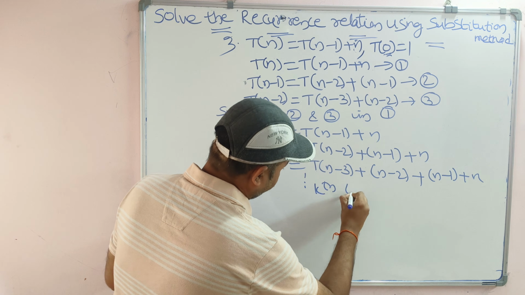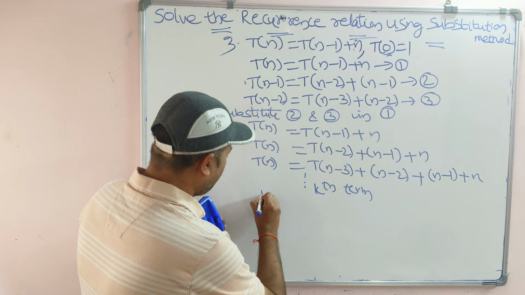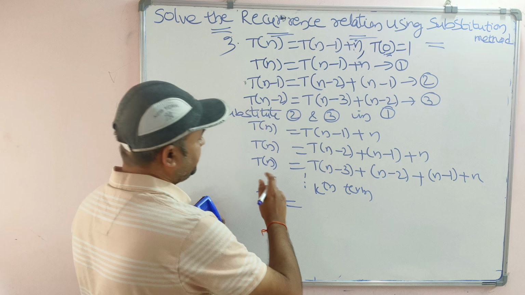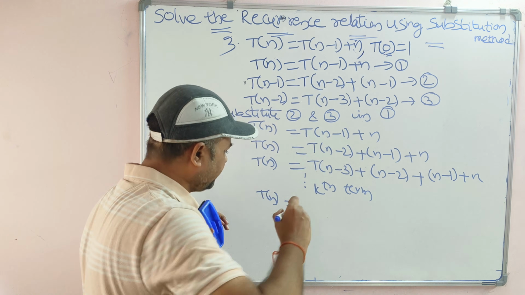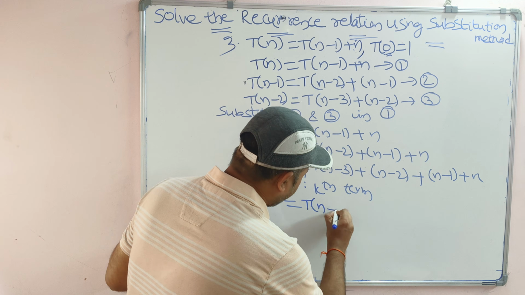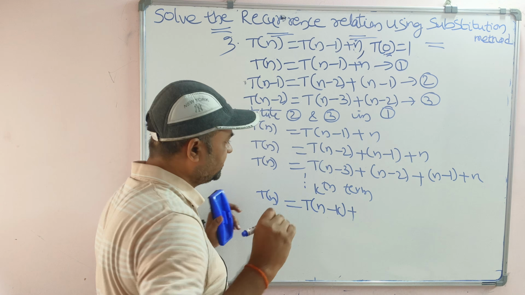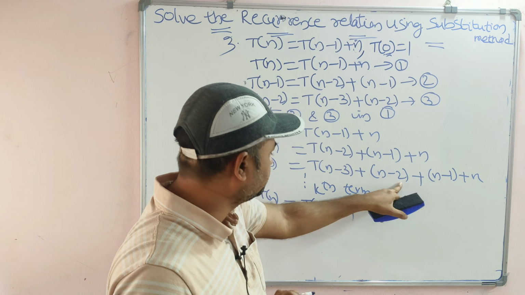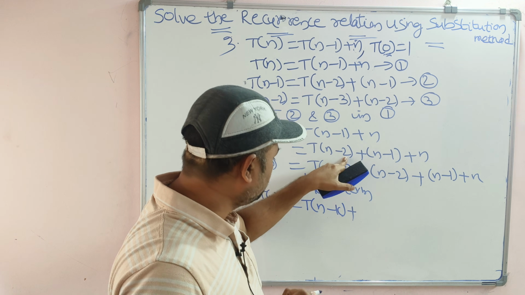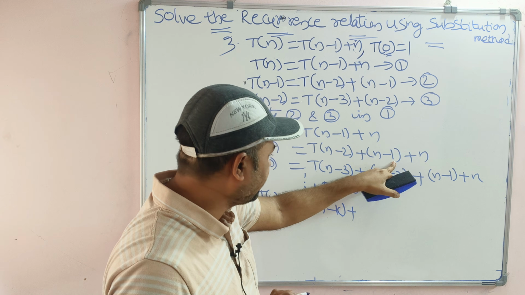What is the kth term? T of n equal to, so first here we have 1, next 2, next we have 3. So we can write this as t of n minus k plus, here we have 3. But at the right side here we have 2. Here 2. But here we have 1.